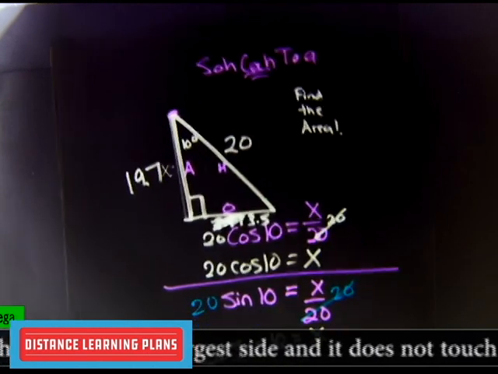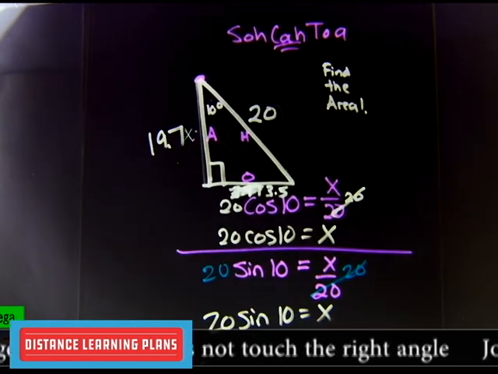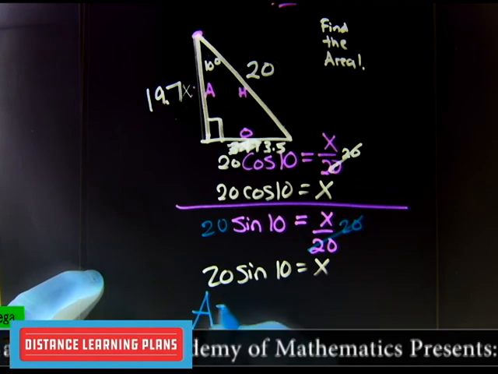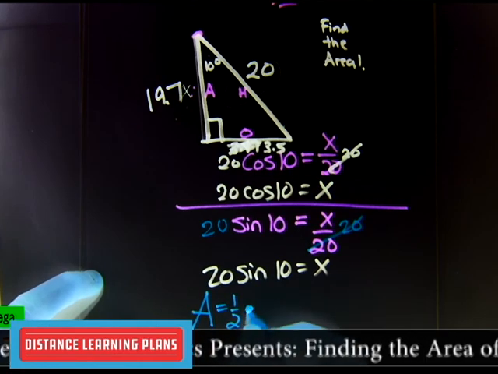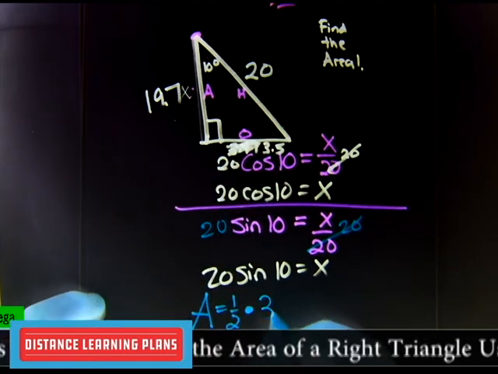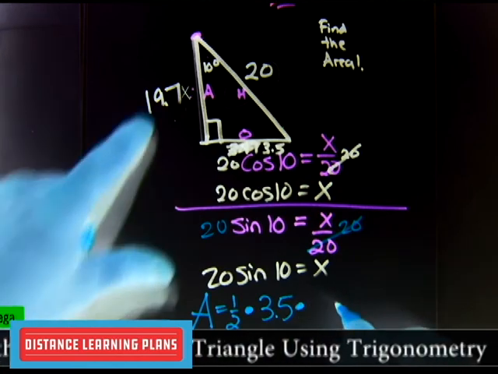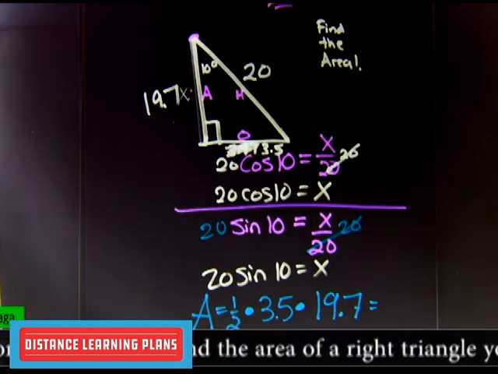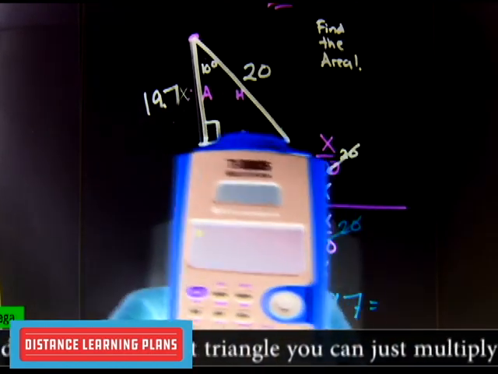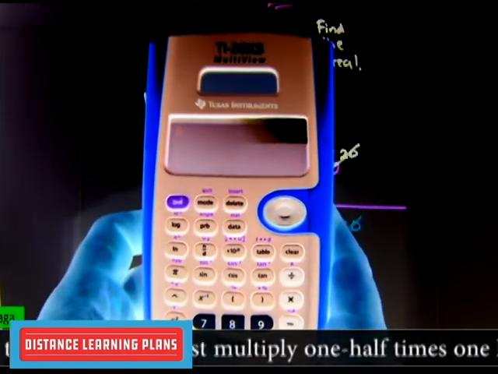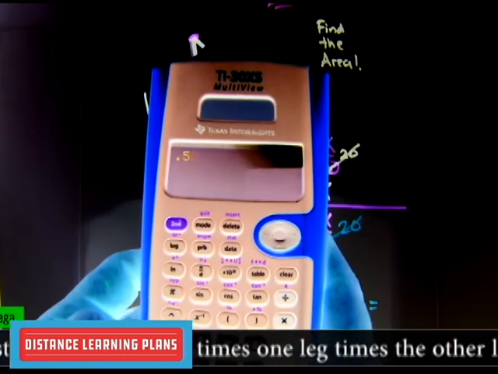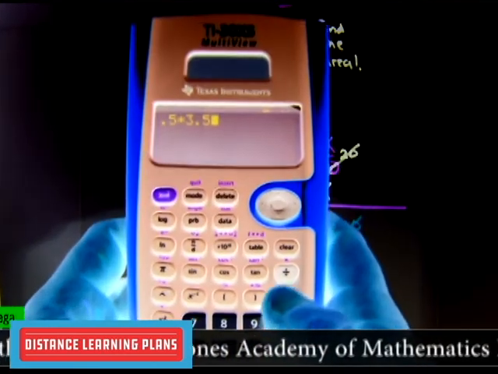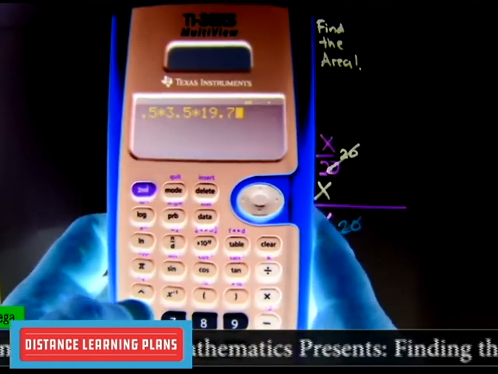Now we can find the area by doing, move this over here. The area equals 1/2 times 3.5 times 19.7. And sometimes it's quicker, instead of saying 1/2, 1/2 as a decimal is 0.5, so you can do 0.5 times 3.5 times 19.7.